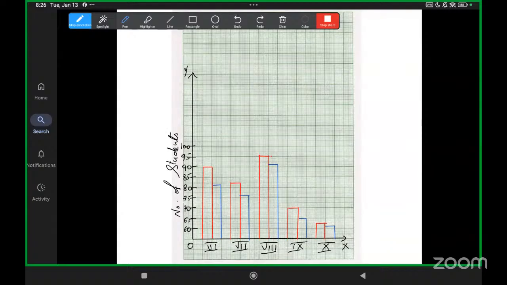And here you will write unit or scale. One unit is equal to 5 centimeters.